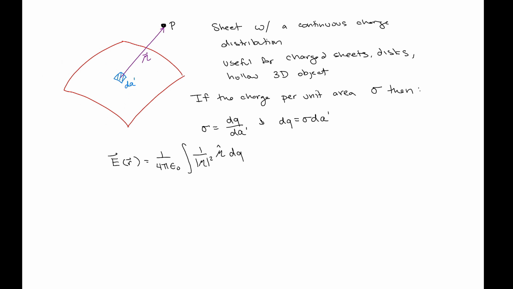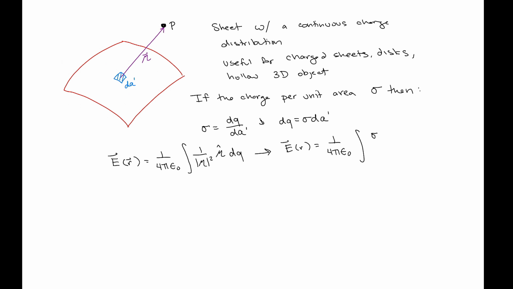But really, every time we do this, we're going to replace this dq with something that's more useful for our shape. So in this case, for the sheet, our electric field is going to be equal to 1 over 4 pi epsilon naught.